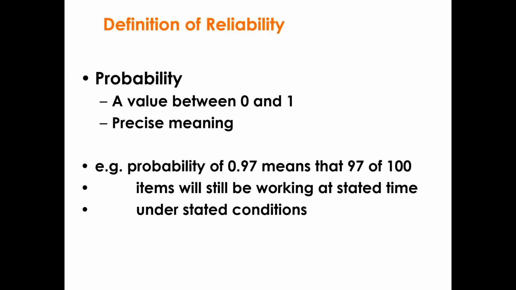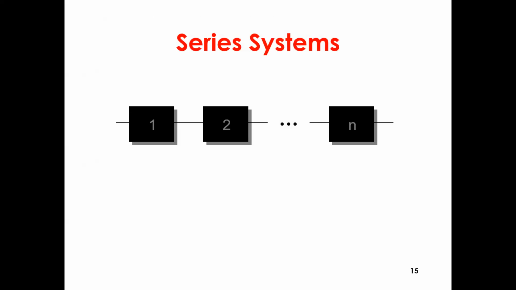Now, under stated conditions, we have different kinds of systems. If I'm talking about system reliability, I need to know the nature of the system I'm talking about. Am I talking about a series connection, or a parallel connection?